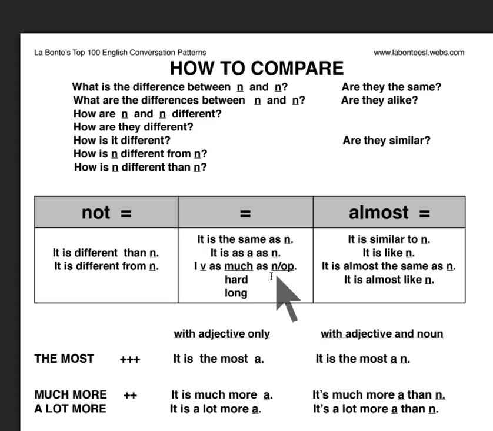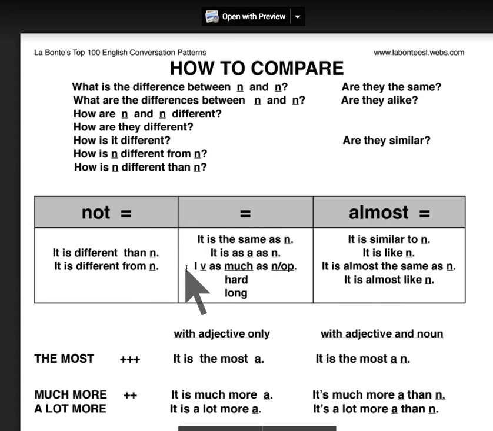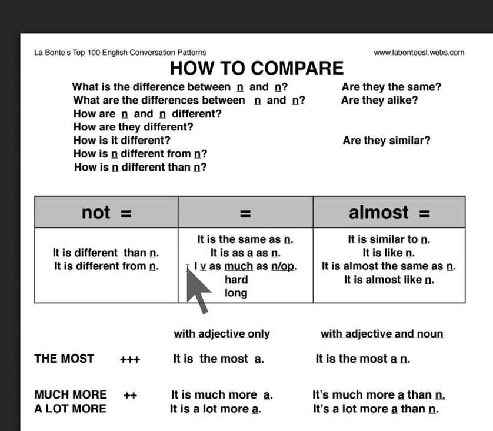I study as much as him, I study as hard as him, I study as long as him. Also, when things are similar, it's almost the same as, it's almost like. So I would review this with them to see if they can picture in their mind, very simply, that there's 3 areas. Gain control of those and utilize those.